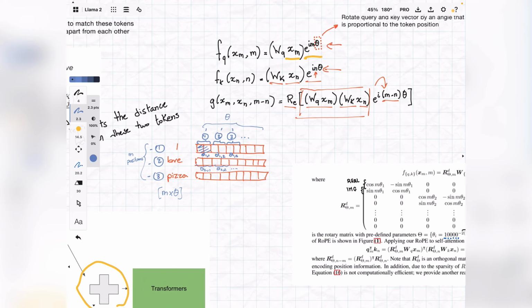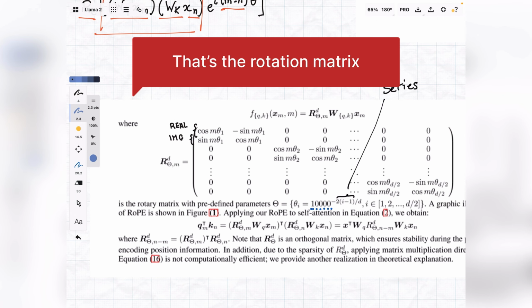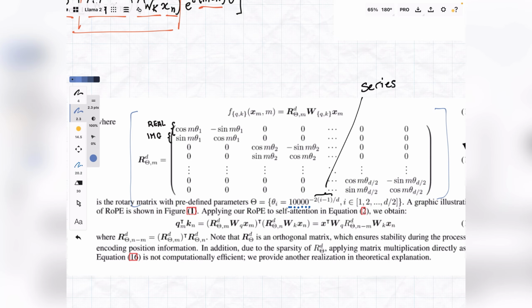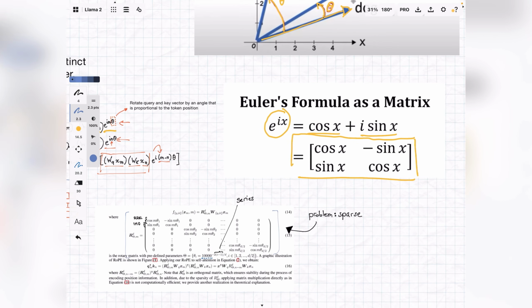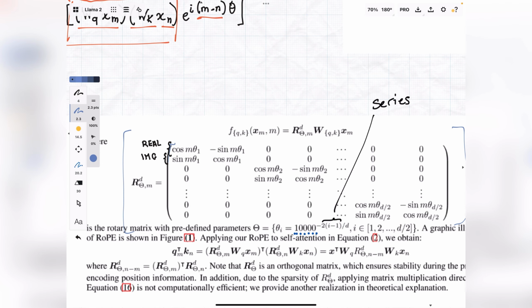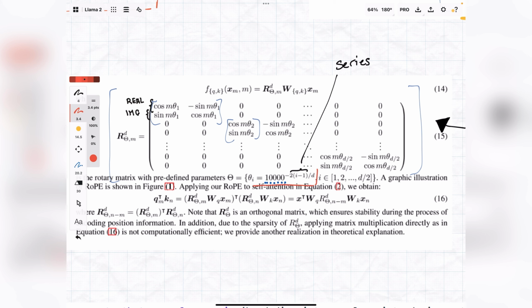When we combine all of those m and thetas, you're going to get a matrix like this one right here. Small recap: Euler's formula is e to the ix. We mentioned you can interpret it as this 2D matrix right here, and this is what every one of those is. So the thetas are going to be created based on this formula right here.